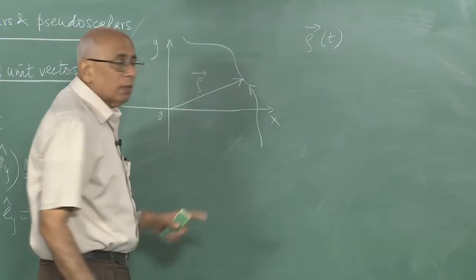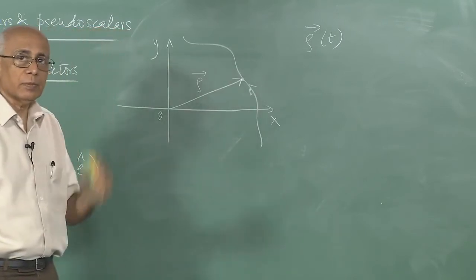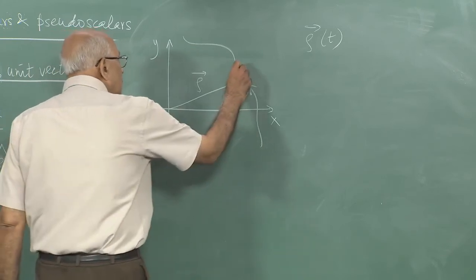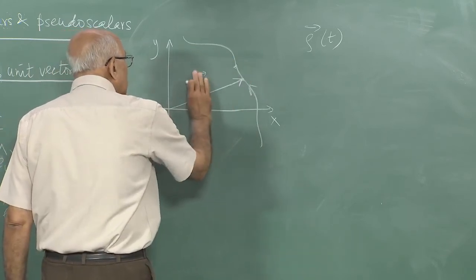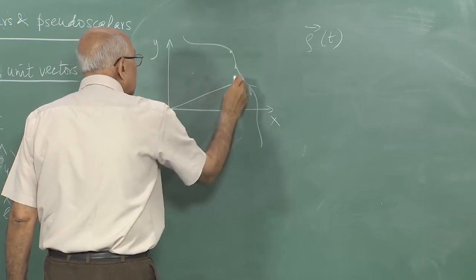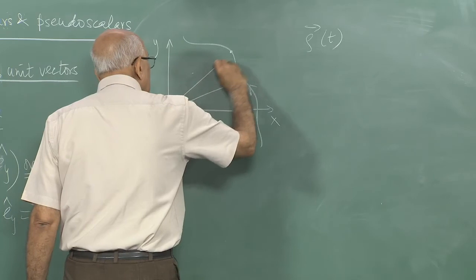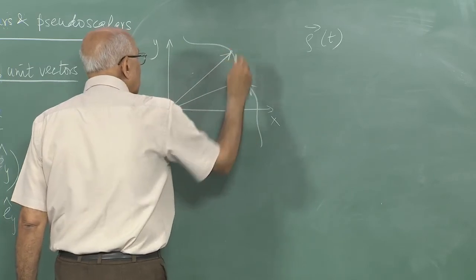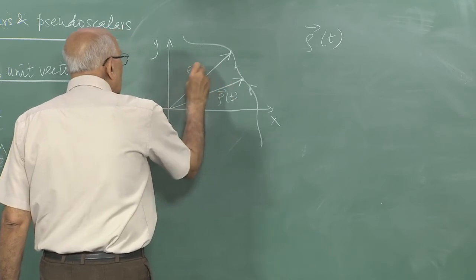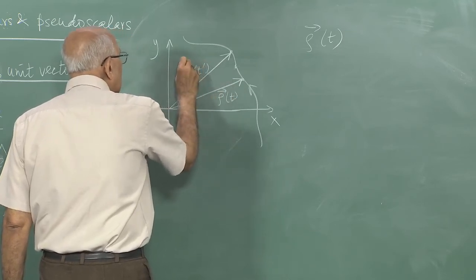I would like to see what the velocity is, what the acceleration of this particle is, and so on. Now what does this mean? Well, at a later instant of time, if the position vector is there or here, for example, so that is the position vector at a later instant of time. This is rho at time t, this is rho at some time t prime greater than t.